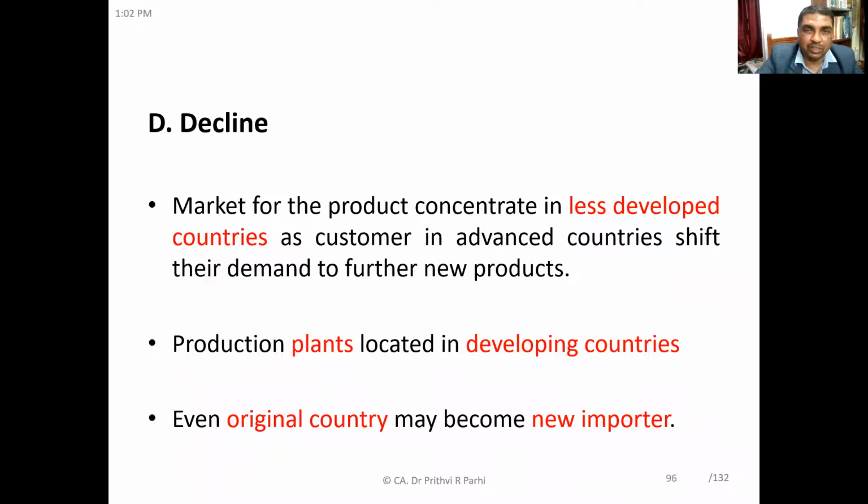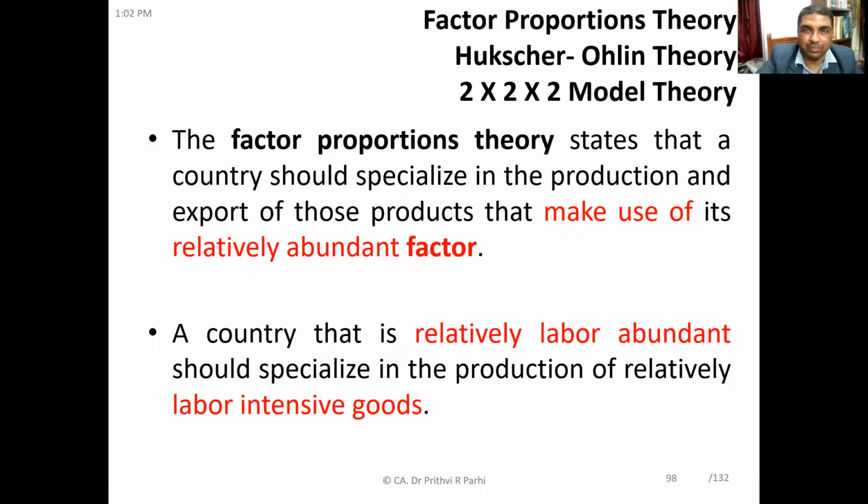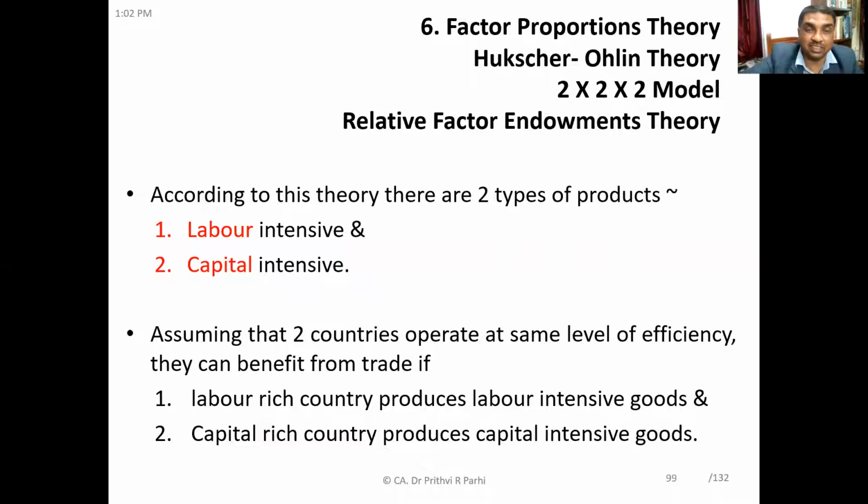The next theory that we learned today is the factor proportion theory. This theory suggests that countries can be classified as labor-rich countries and capital-rich countries, and goods can also be classified as labor-intensive and capital-intensive.